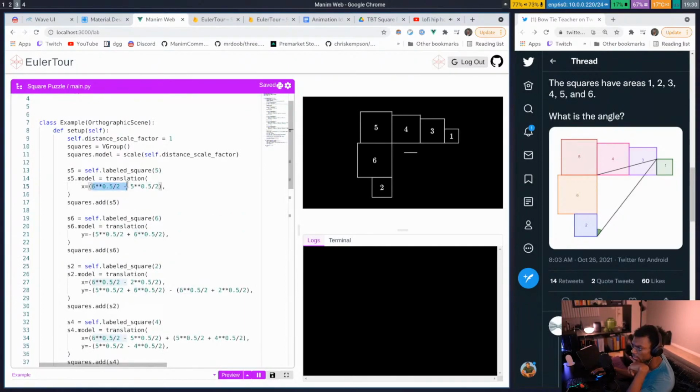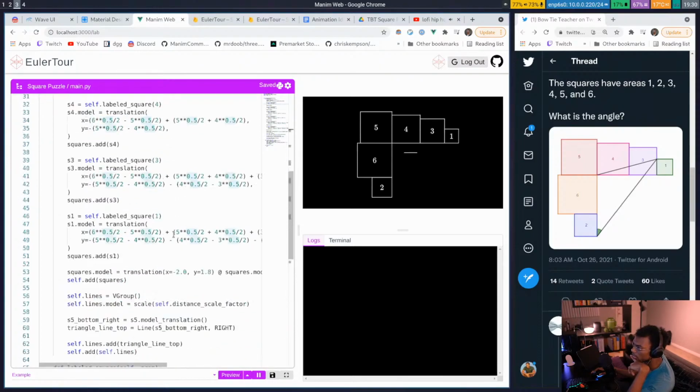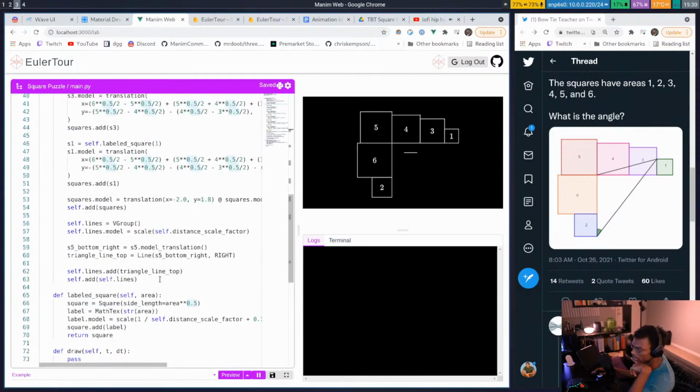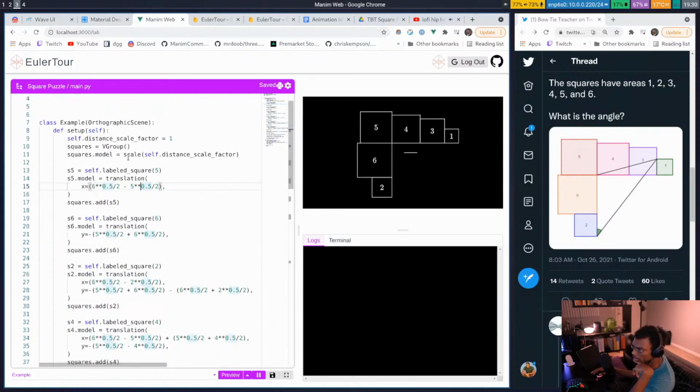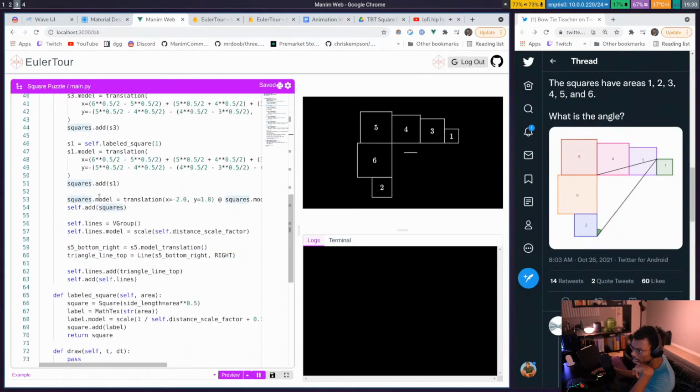Okay, it says 5. Oh, I think I will want the world translation or whatever, because S5 has a parent, squares, and squares is translated.